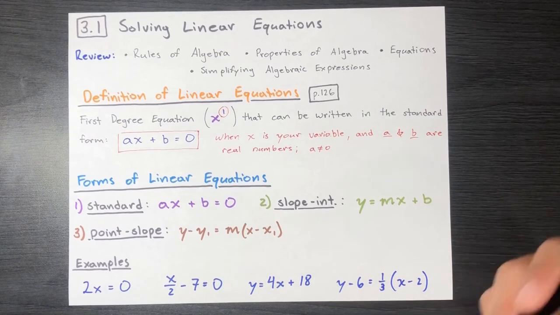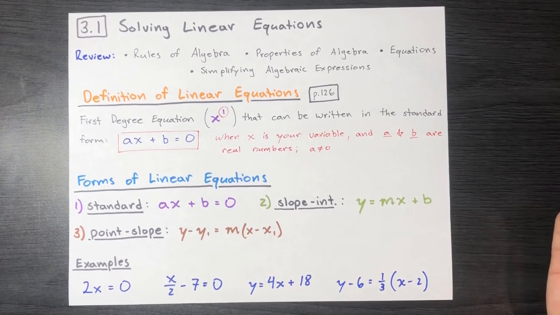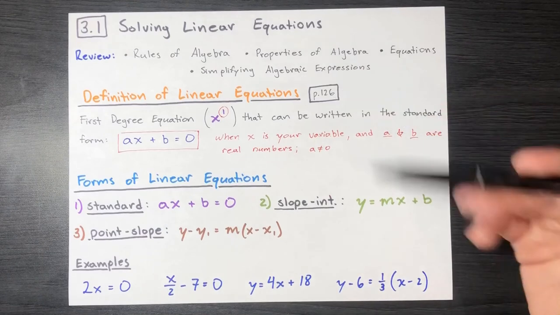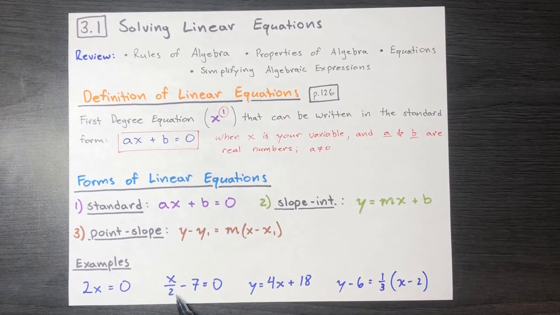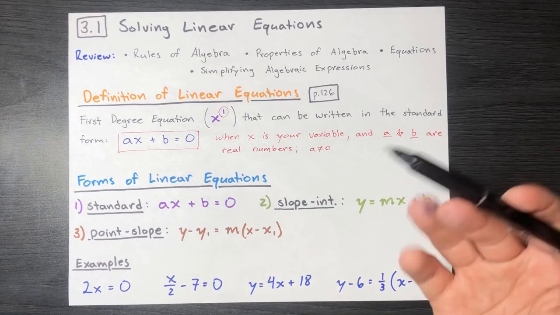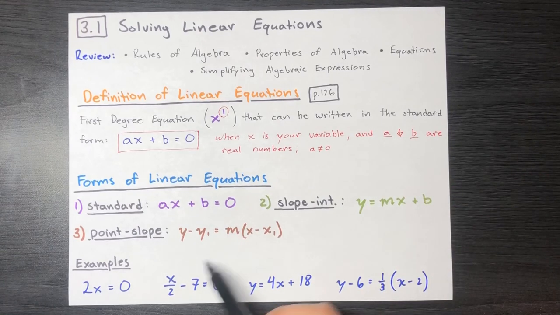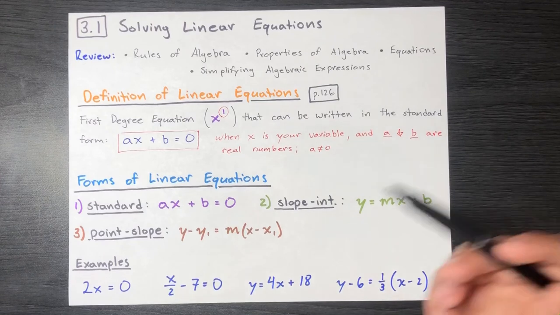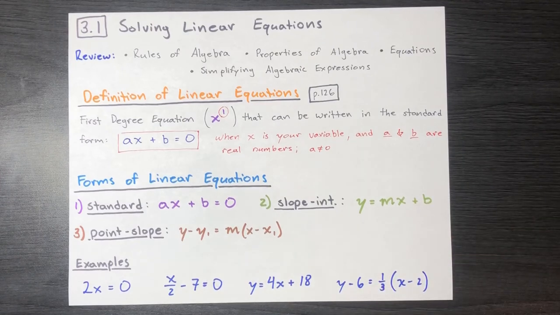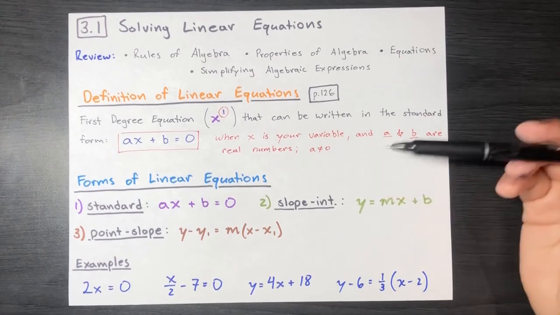In this case, you're going to solve for the x. That's the difference between an expression and an equation. Here you have x over 2 minus 7 equals 0. You would solve for this x by using algebra. You would move the 7 and then multiply by 2 and cancel everything out so that you're just left with x equaling something on the other side. We're going to get into that in the next section, in the next video.